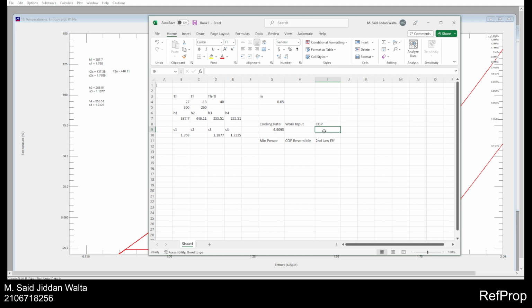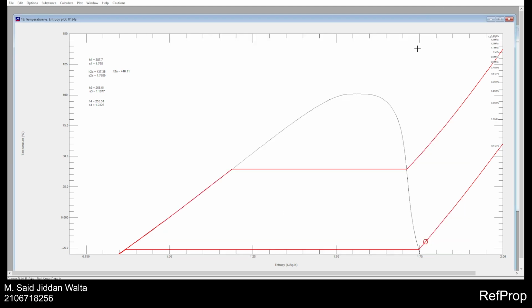For the COP, we can find this to be the cooling rate, or the cooling provided by the refrigeration cycle, divided by the amount of work that is being input into the system. Work input rate, in this case, in the form of power. So this is the cooling rate divided by the work input rate. But what is the work input rate? As we can see from this graph of the vapor compression refrigeration cycle, we start from this point and isentropically compress up to this higher point.